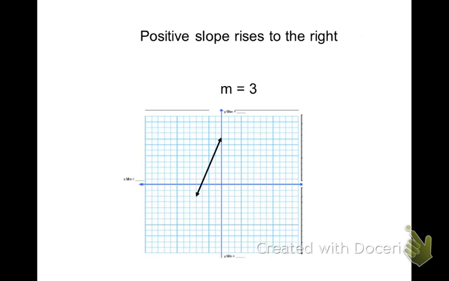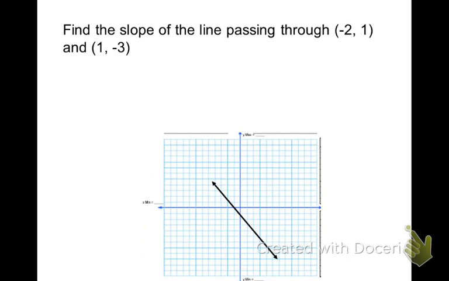All right, so basic definitions. Positive slope goes up to the right on your graph. What kind of slope would this be? Well, it's going down to the right, so obviously it's going to be negative. And this problem would be exactly the same as the example we just gave. We would choose which point is going to be point 1 and which is going to be point 2.